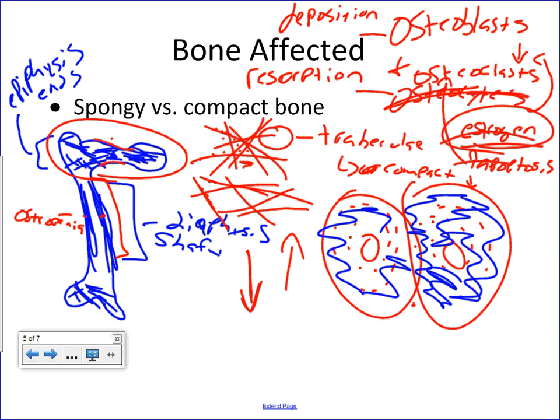All right, so what's going to happen then is the spongy bone gets weaker and weaker and more porous within the neck of the femur. You always hear these stories about an elderly person that has fallen and can't get up and broke their hip. I mean, most of the time, these people don't fall and break their hip. They're falling because their hip is broken.